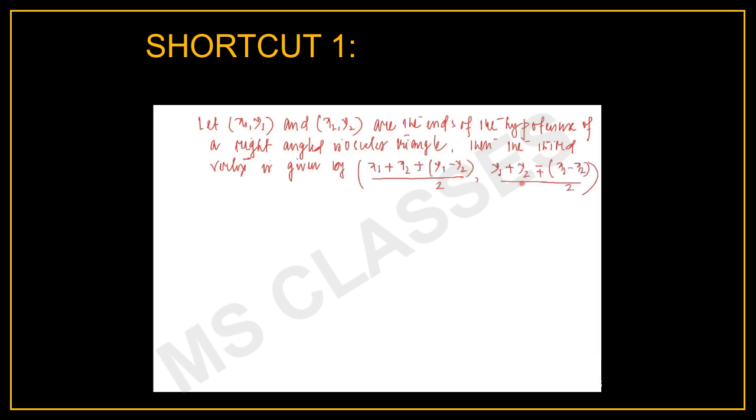That is, if we have here a right angle triangle such that the sides are of the same length, and here we take the point A, (x1, y1), and here we take the point B, which are the end points of the hypotenuse.